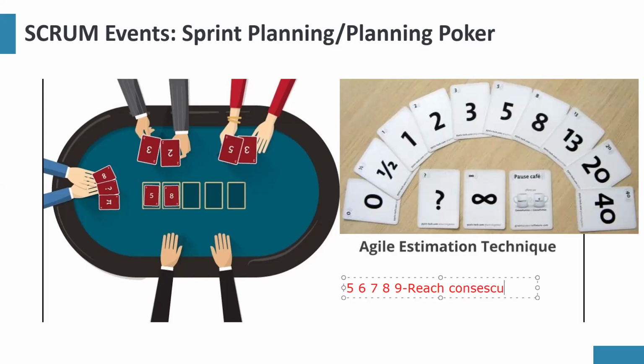That's why, as they are spread apart, it's easier to reach a consensus. Right. So that's why we use a Fibonacci sequence.